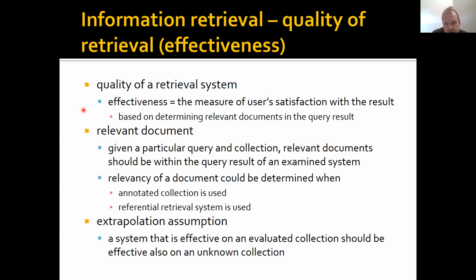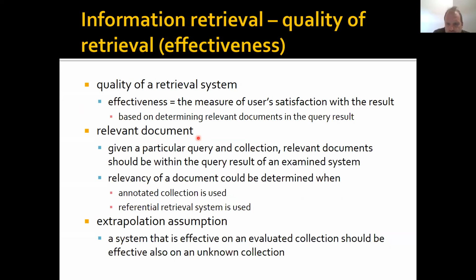In terms of measuring the effectiveness, we need to have some benchmark collection that includes the queries and relevant documents to the queries. The concept of relevant documents is something added externally as an external annotation of a so-called ground truth collection that is labeled as a relevant document to a particular query.